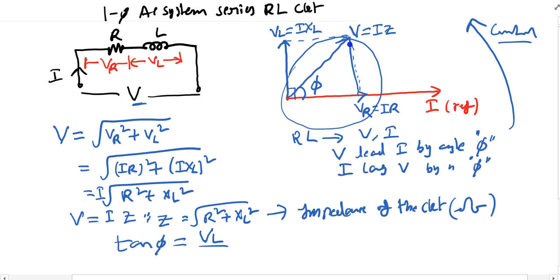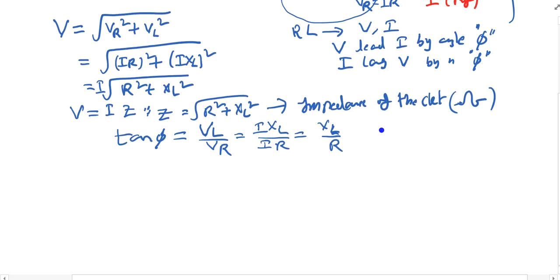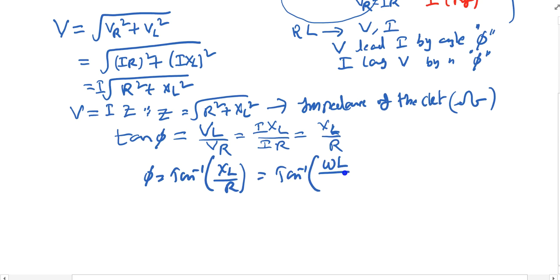So this is nothing but VL by VR, or it can be written as I XL by I R, which is equal to XL by R. So phi is equal to tan inverse of XL by R, otherwise tan inverse of, instead of XL I can write omega L, by R.